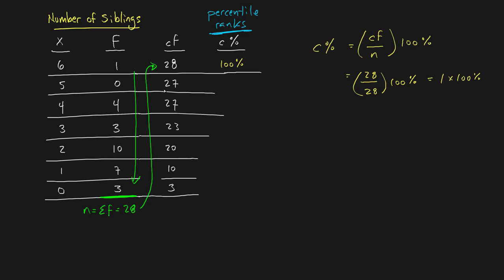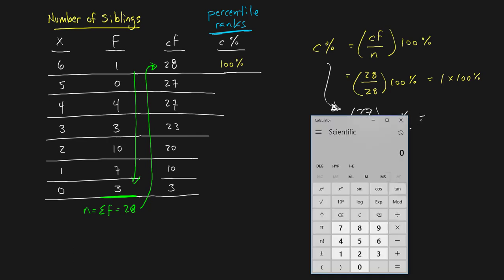But what about these other ones? Well, let's try substituting in the 27. So instead of the 28 being subbed in, it's going to be 27 over 28. Multiply that one by 100%, and that's going to give us how much? So I'll do 27 divided by 28, and then multiply this by 100%.